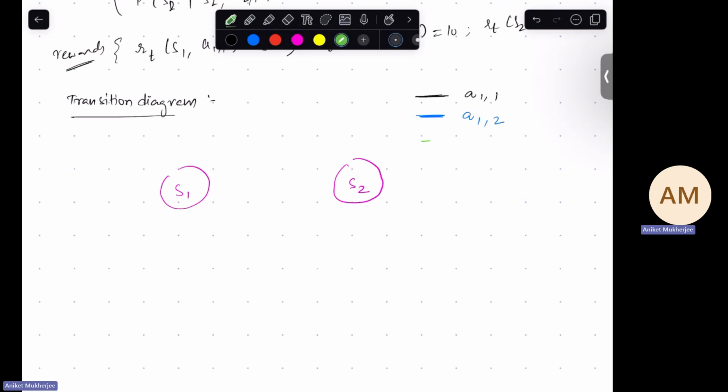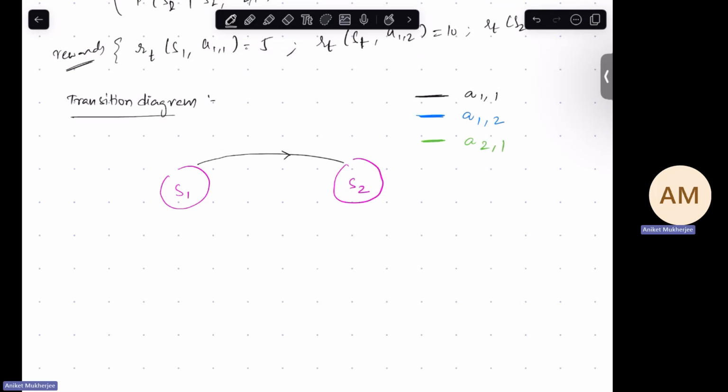And your green line is action A21. First, if you take action A11, you end up at S1 with probability 0.5 and you get a reward of 5.